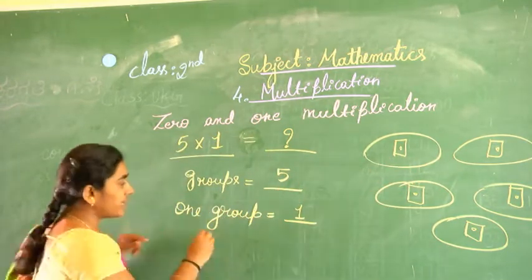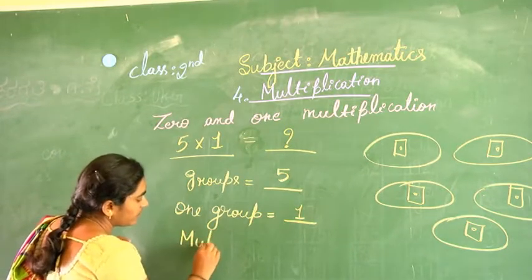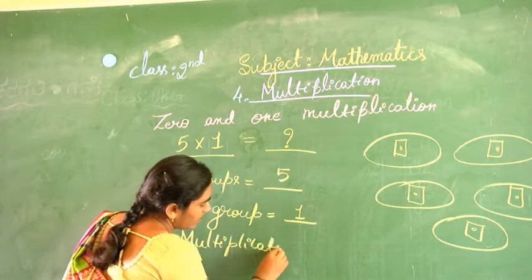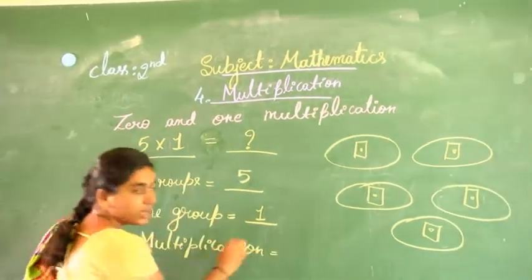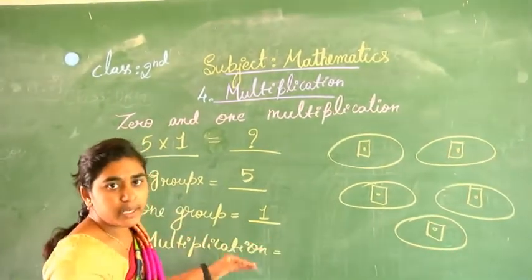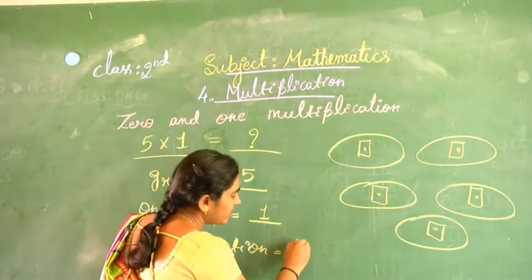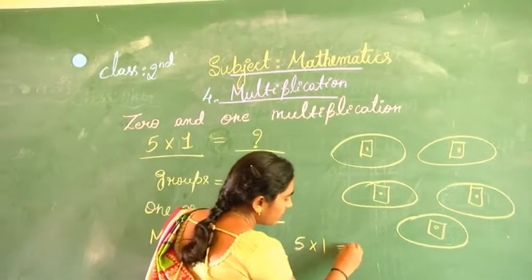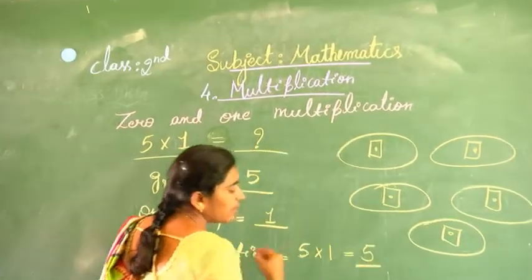So what will be the multiplication fact? Total number of cakes, the multiplication fact, we will get 5 multiplied with 1. So we will get 5 ones are 5.